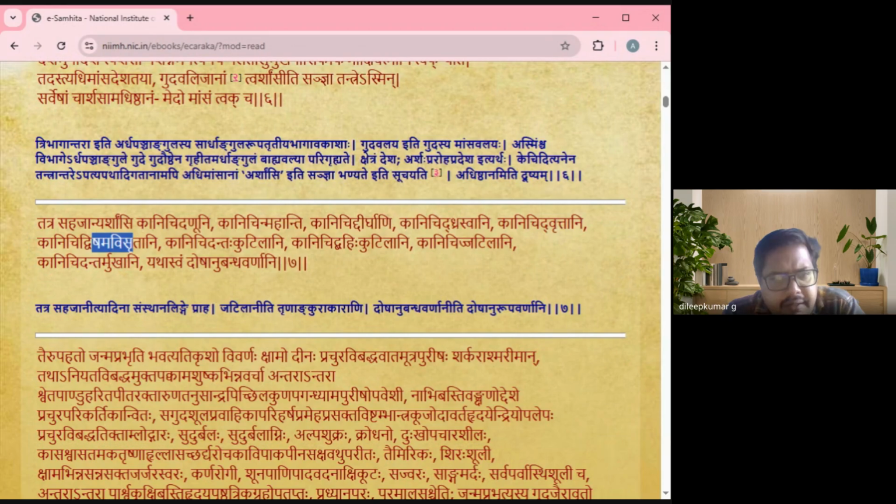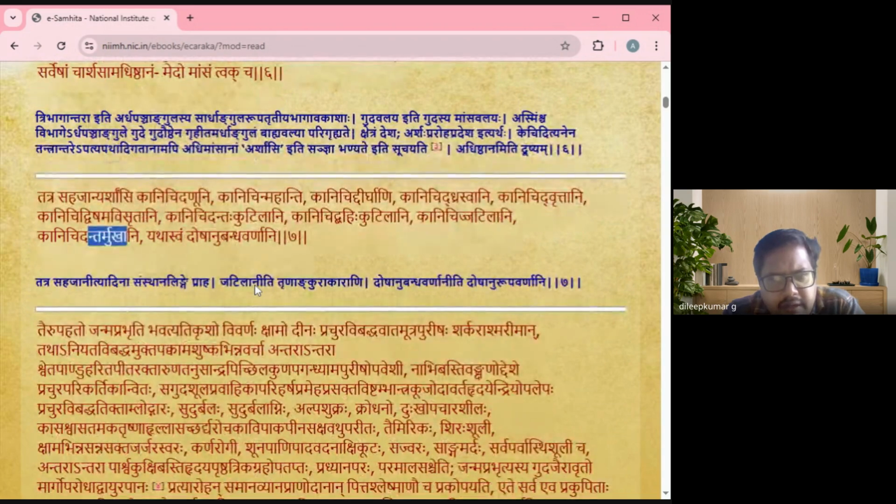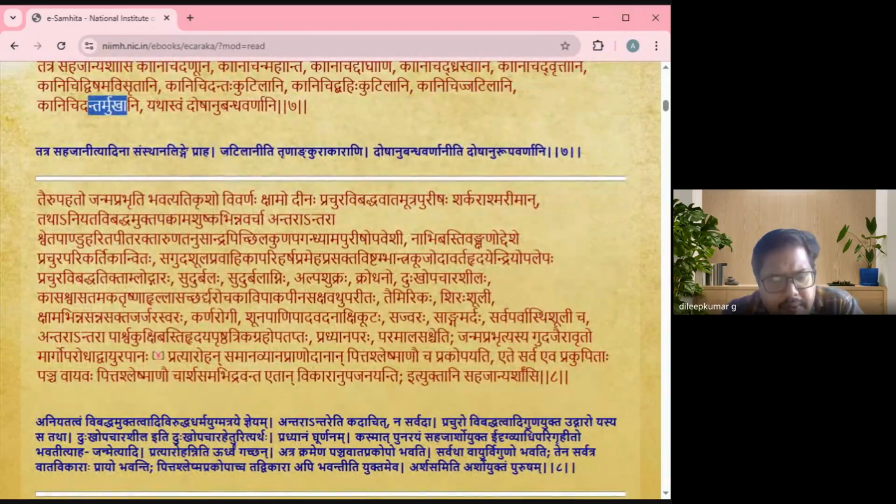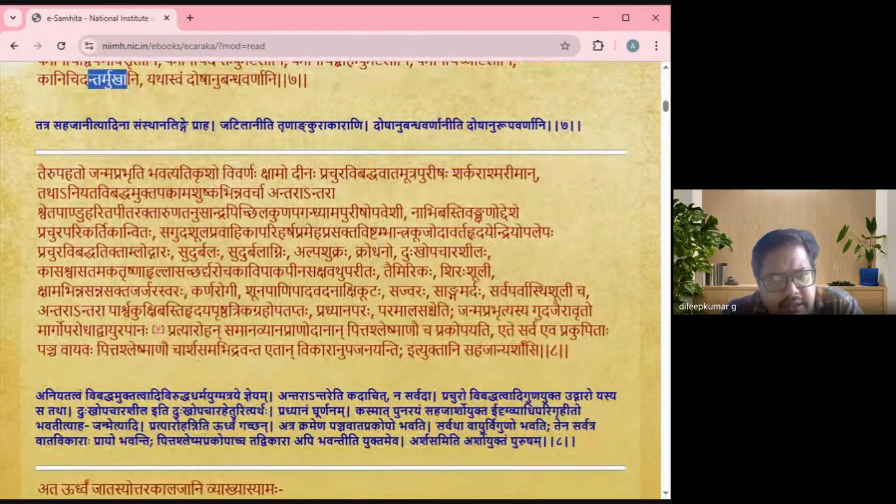Some are directed interiorly, some are directed externally, some are Antarmukani. Based on different presentations, Sahaja Arshas may develop. A person with Sahaja Arshas may be associated with other genetical factors or genetical diseases also.